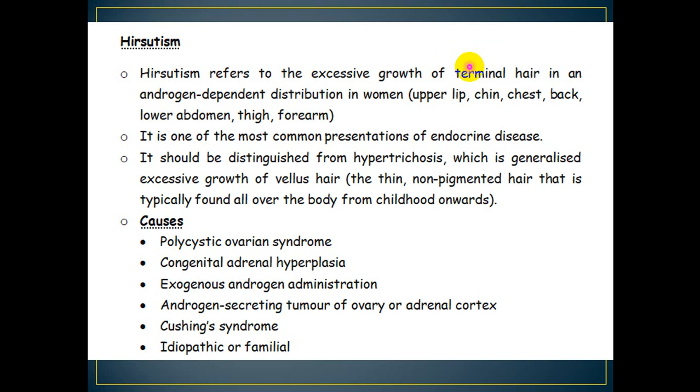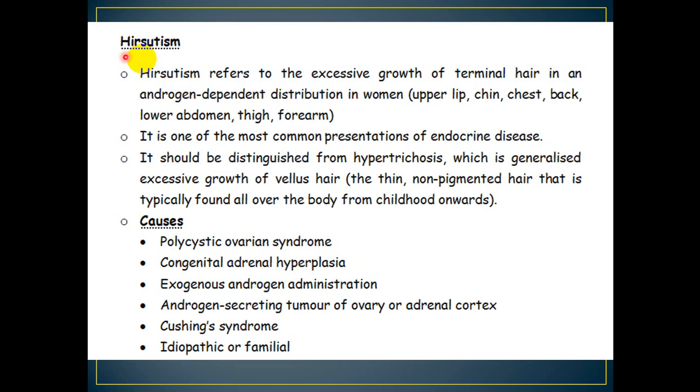over the body. This is opposite to vellus hair, which is thin, non-pigmented or fair in color, typically found all over the body and usually from childhood onward. So one should distinguish hirsutism from a condition called hypertrichosis, which is generalized excessive growth of vellus hair.